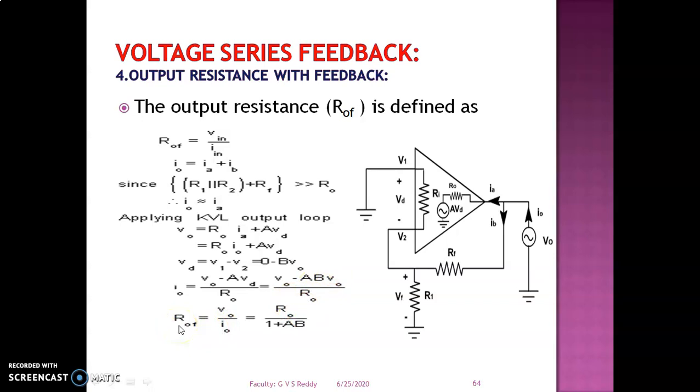Therefore, the feedback resistance ROF equal to VO divided by IO, which is equal to RO divided by 1 plus AB. That is the output resistance of the operational amplifier with the feedback ROF equal to RO divided by 1 plus AB. Here RO is the output resistance of the operational amplifier without feedback, and AB represents operational amplifier loop gain.